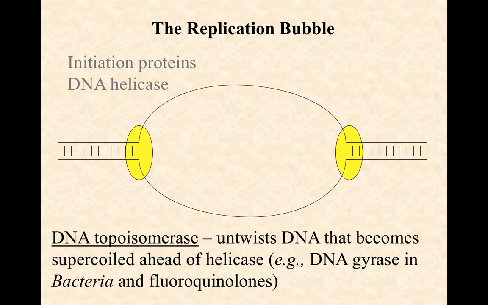They have to have an endonuclease activity, meaning they have to be able to cut a DNA strand in the middle of the strand. That's what an endonuclease does. But then they also have to have a ligase activity to ligate it back together after the supercoiling has been relieved, after they've been allowed to unwind.